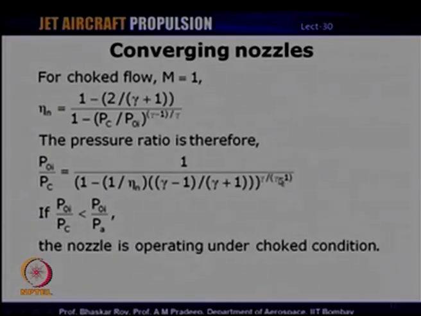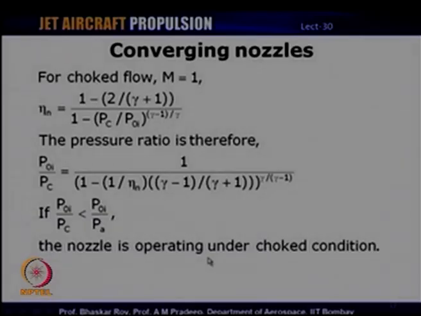So, we see that when Mach number is equal to unity, the critical pressure ratio is only a function of the gas and of course, the nozzle efficiency. If this number P0I by PC is less than the actual pressure ratio P0I by PA, where PA is the ambient pressure, the nozzle is operating under choked condition.